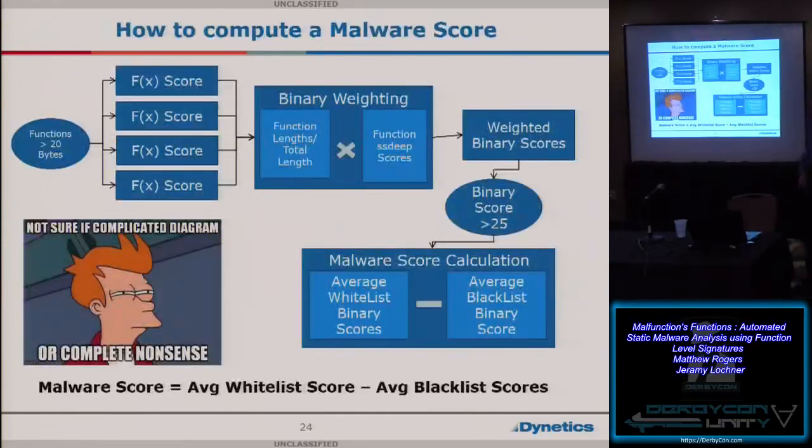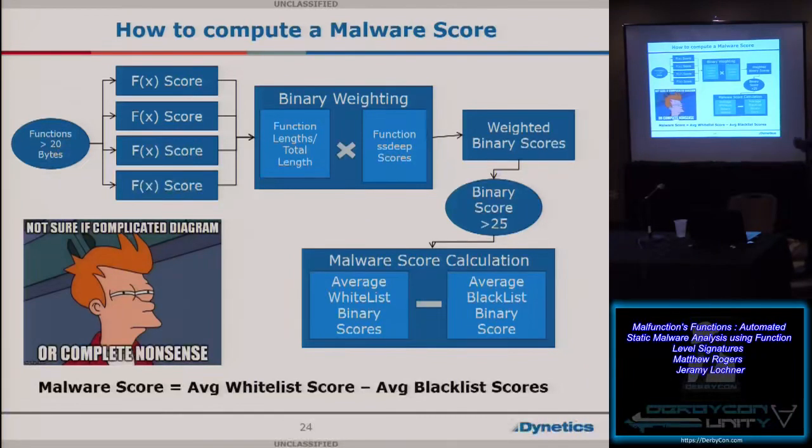So this is a somewhat weird slide on how to calculate our malware score. Like I said earlier, we take all of the functions that are less than 20 bytes and throw them out. Then we get all of our function scores, and we do our weighting, which is function length over the total lengths times each function's respective score. From there, we associate the scores on a binary level.